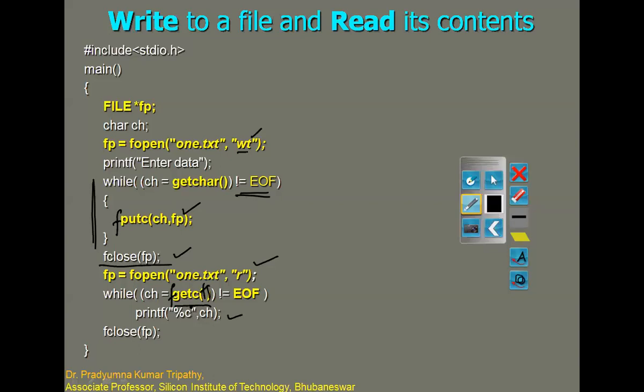So what we have done is written some text into a file. We enter some text into the file and then we read it. But remember, till now we have input the data character by character into the file and we are reading it character by character from the file itself. Correct?